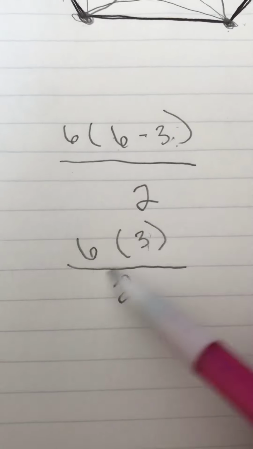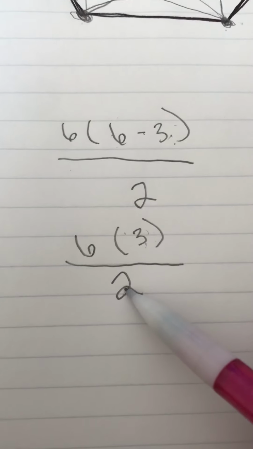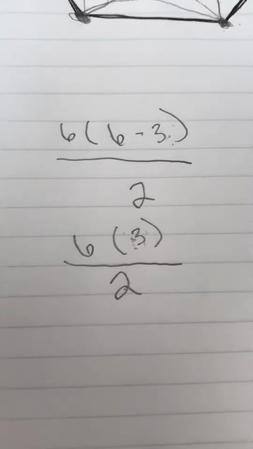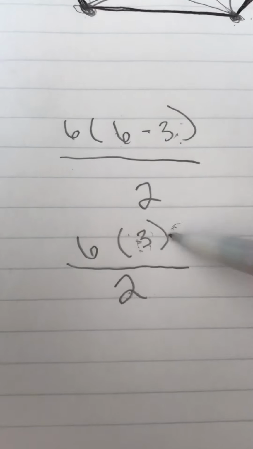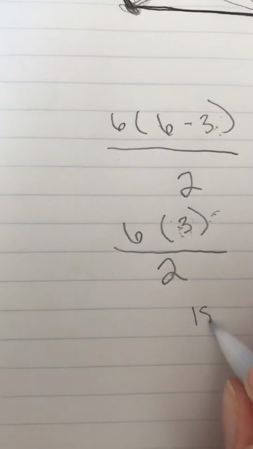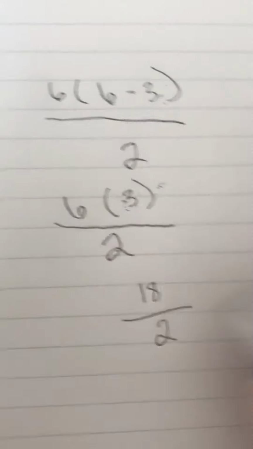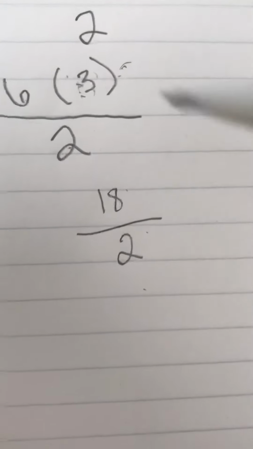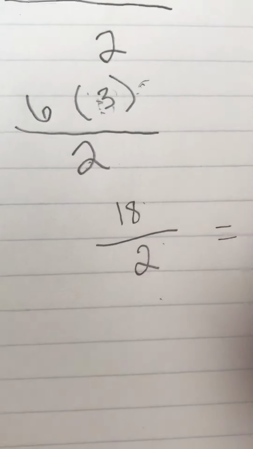Now I have multiplication and division. Multiplication, going left to right, comes first. So 6 times 3 is 18. I'll write this down here at the bottom. Carry my 2. Now this is a division problem. 18 divided by 2 is 9.